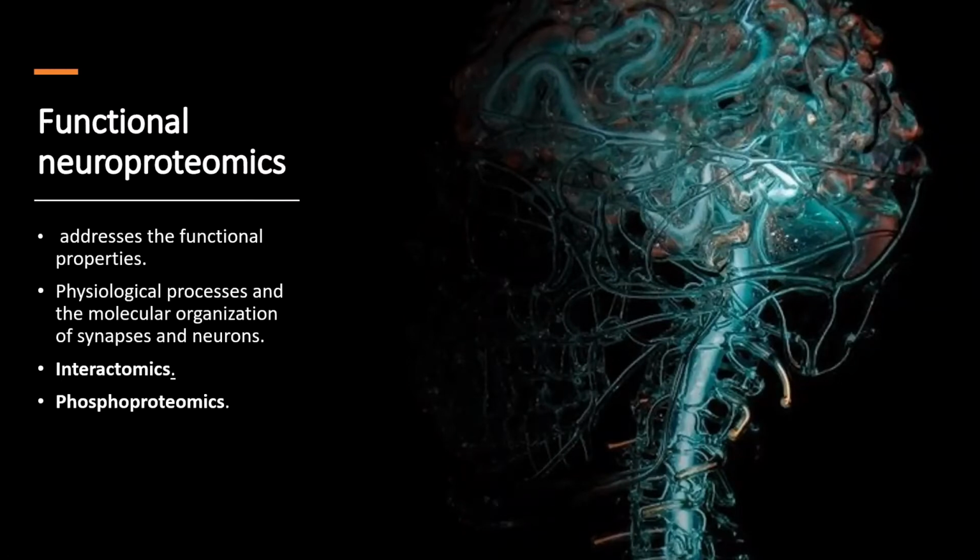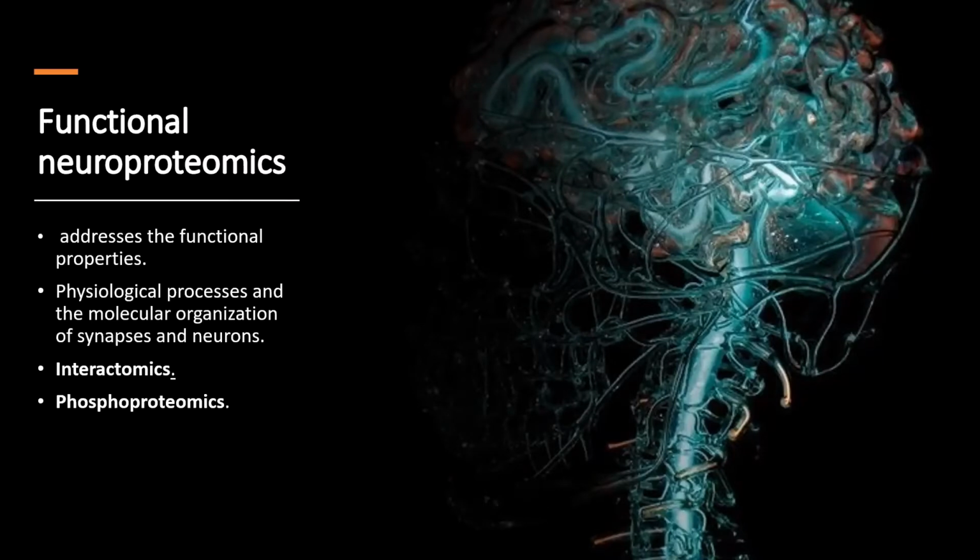Moving on with functional neuroproteomics. As we can understand from the title, it deals with the functional properties of individual proteins. To be more precise, it addresses the post-translational modifications of these proteins and how they are organized into substructures, forming networks and complexes.